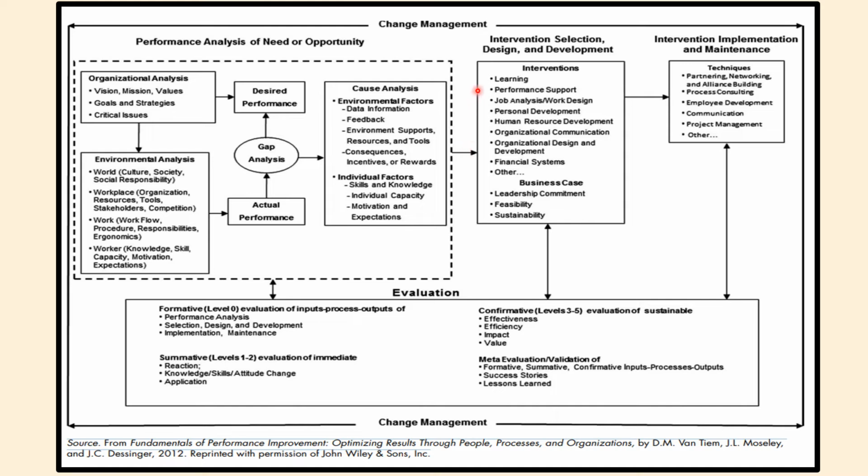We could be looking at the learning. We could be looking at the performance support. What type of intervention could we use to help improve learning for students? What kind of support? Would it be educational technology, a certain type of computer program for reading interventions, which we'll discuss shortly? Then you want to maintain that intervention and implementation.